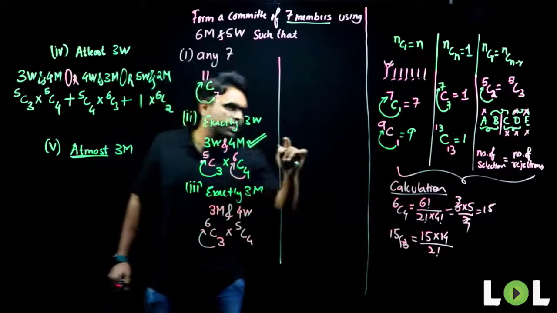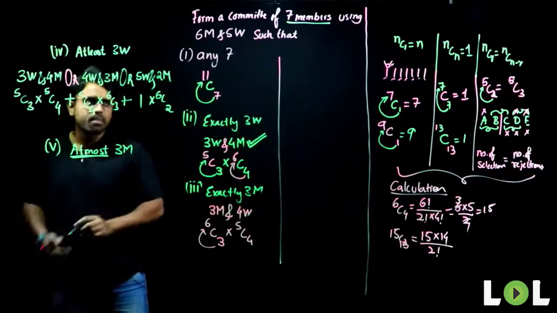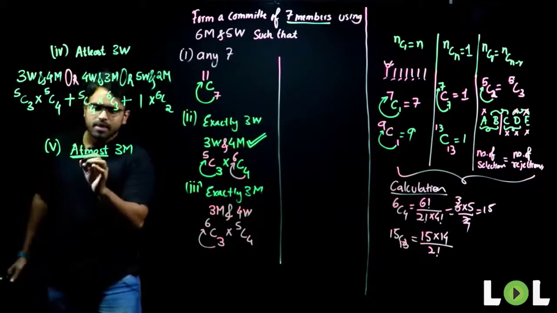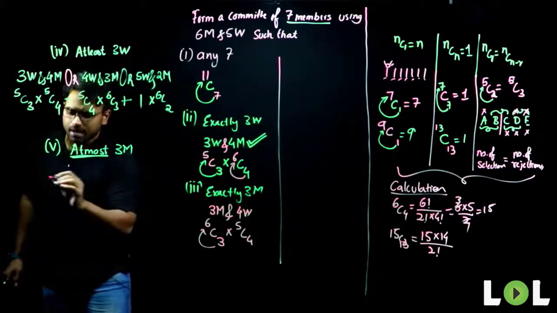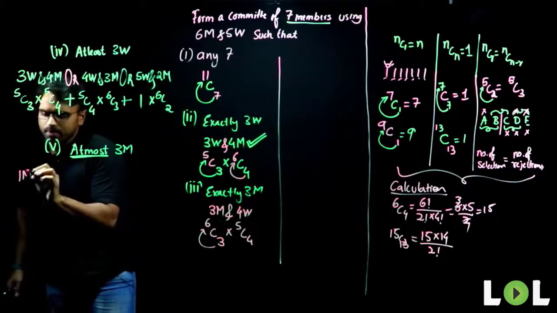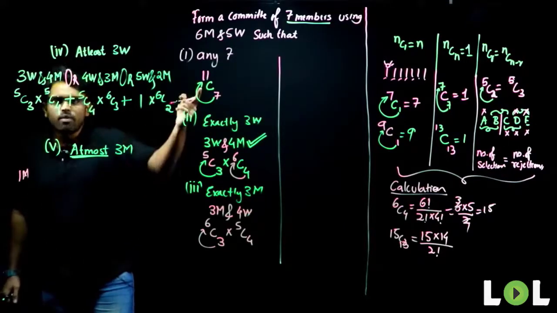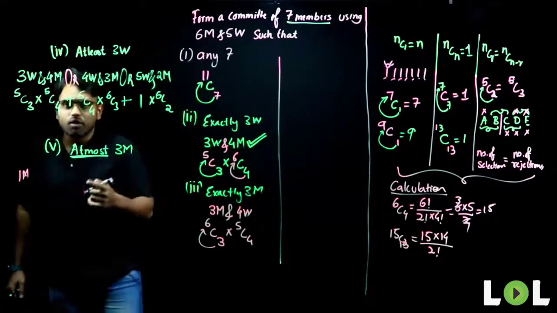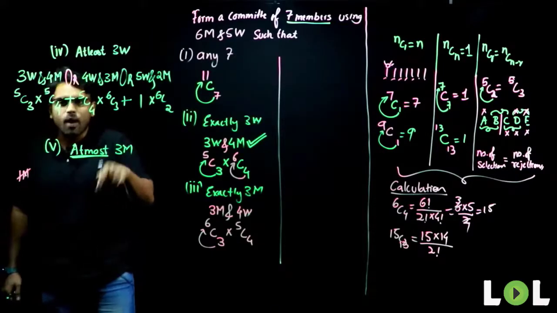Srishant came up with an answer on YouTube, and on the other side, let's see who will come up. At most 3 men, meaning maximum 3 men can be there. The number of men can be 1 as well. If there was 1 man, how many women are there? 5 women. But I cannot form a committee of 7 using 1 man. So the minimum number of men should be how many?